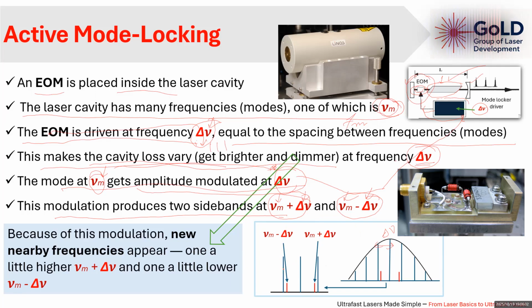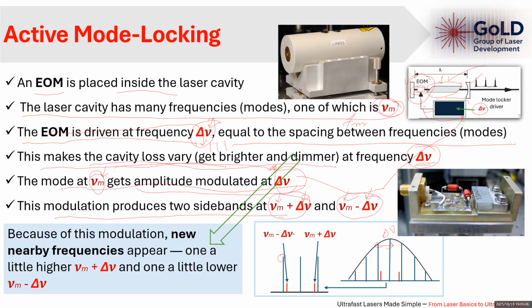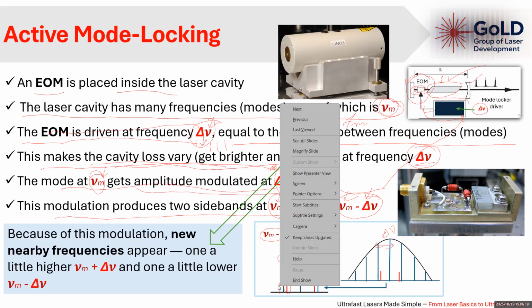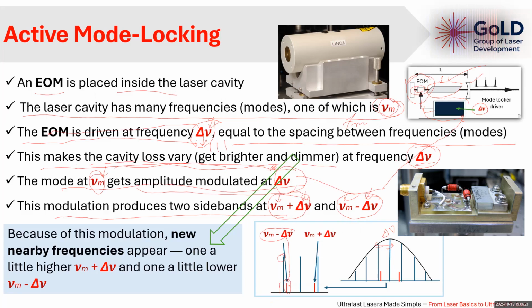So in this case, this is the mode, and another adjacent mode is created which has this frequency, okay, on both the sides, here on this side and this side, similarly on this side, this side, this side.